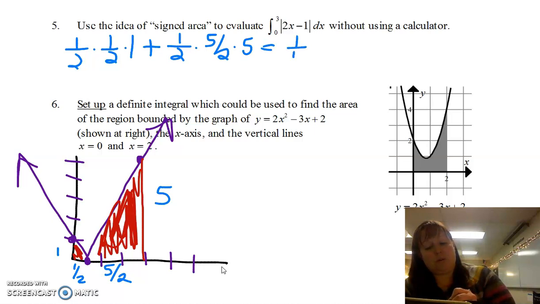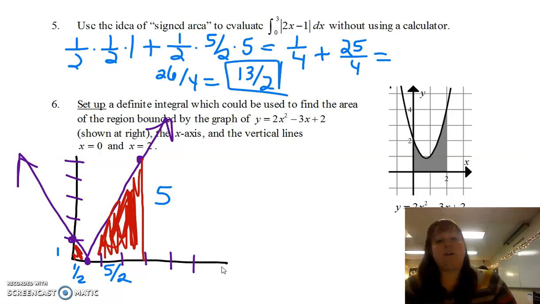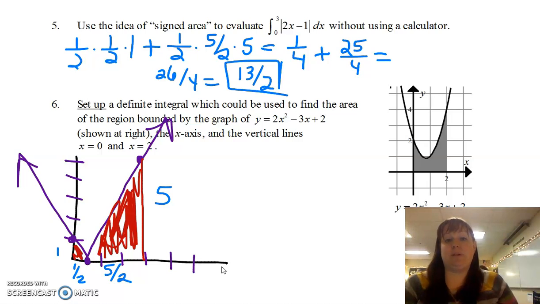So we have 1/4 plus 25/4, which is 26/4, which is 13/2. So the area under the curve from 0 to 3 is 13/2.